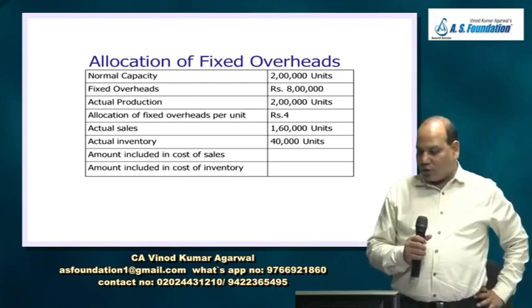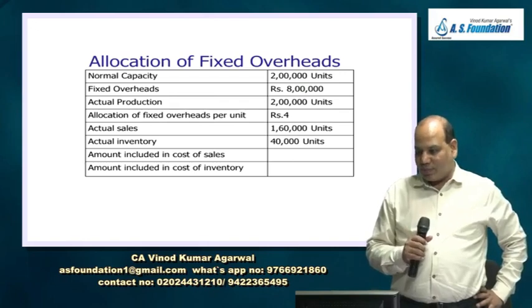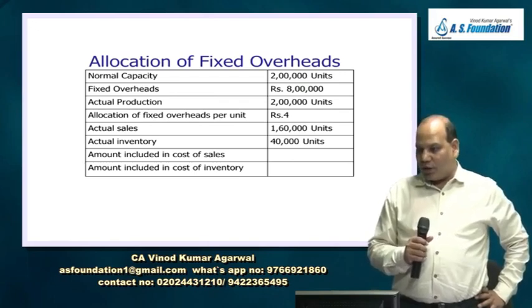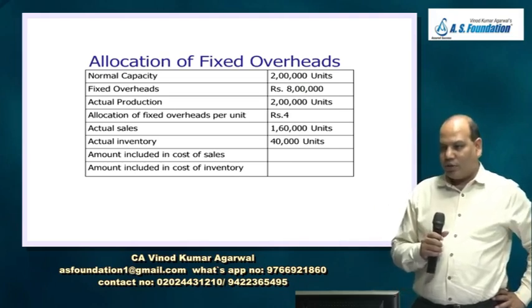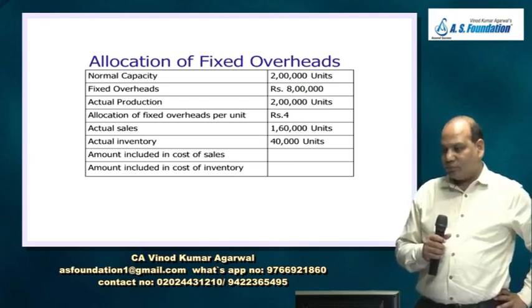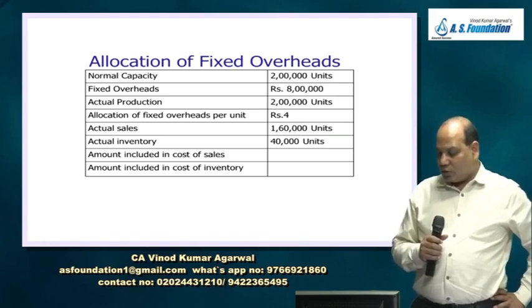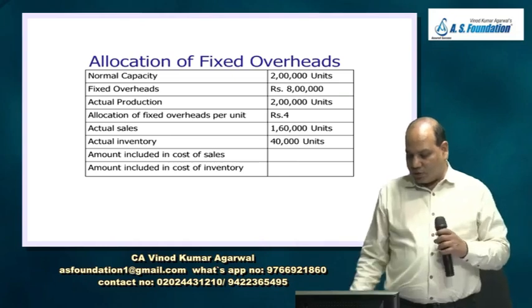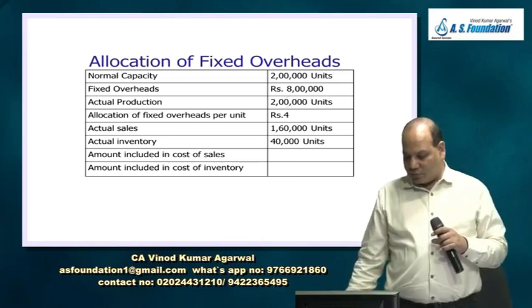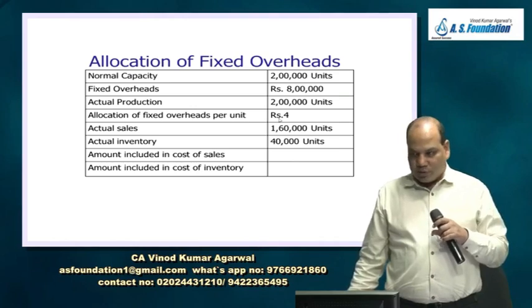Normal capacity, write 2 lakh units. Fixed overhead 8 lakh rupees. Actual production 2 lakh units. Allocation of fixed overhead per unit: 8 lakh divided by 2 lakh, 4 rupees.